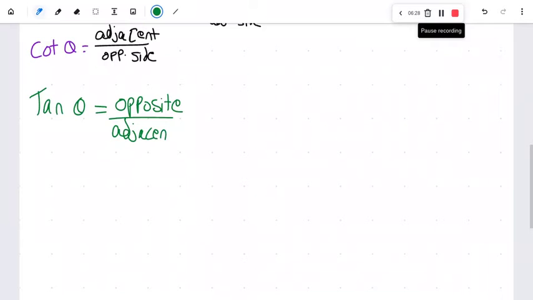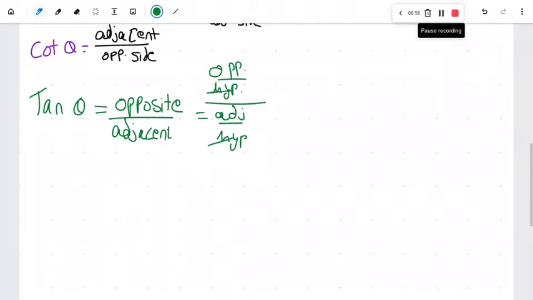Okay, adjacent. Now students, if I divide opposite and adjacent both by hypotenuse, it doesn't make any change, right? So opposite side by hypotenuse, divided by adjacent over hypotenuse. When I simplify, what will happen?